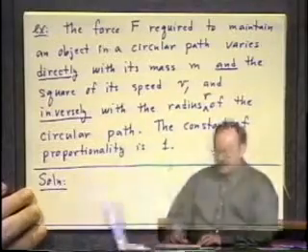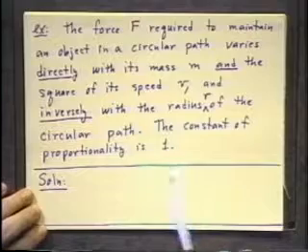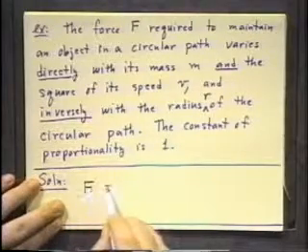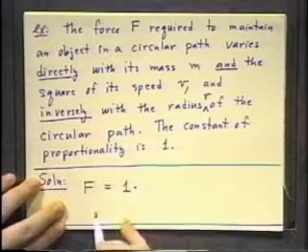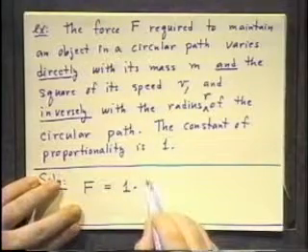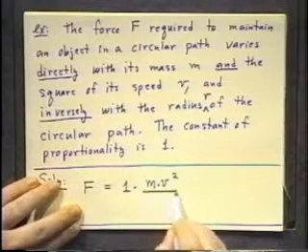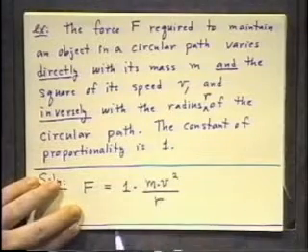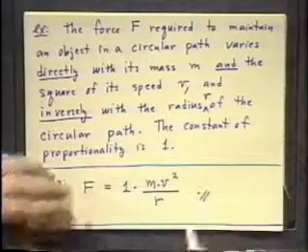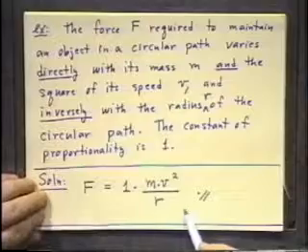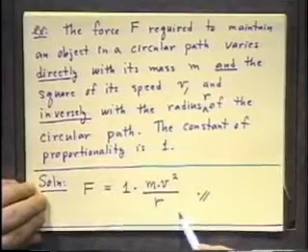And we're given that the constant of proportionality here is 1. So with that information, it's just a matter of writing this down. The force is equal to the constant of proportionality 1 times direct variation with the mass and the velocity squared and inverse variation with r. And that's it. That's all that needs to be written down if you wanted to just examine direct variation and inverse variation here.